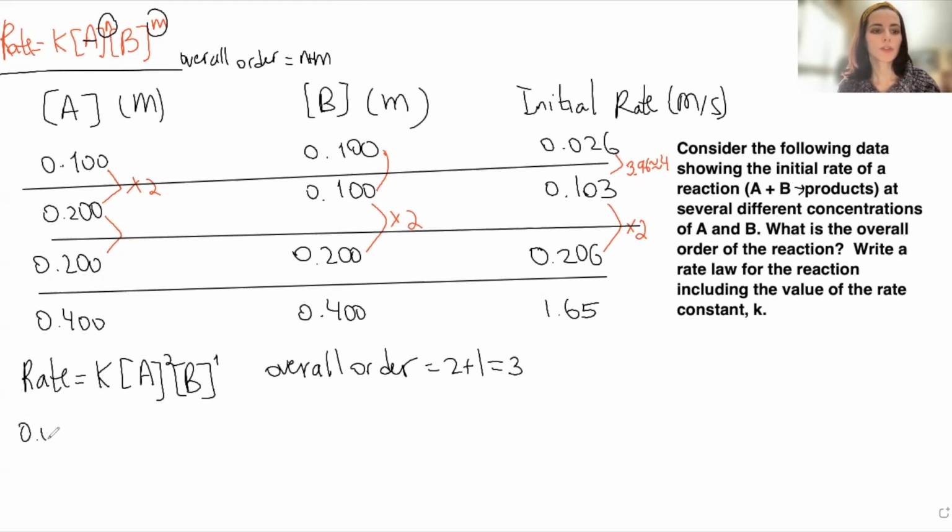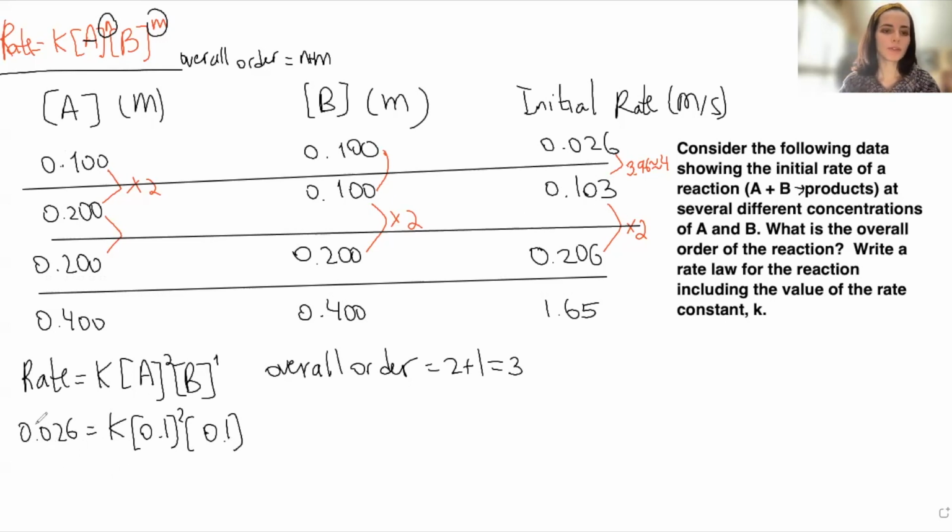So rate is 0.026, which is equal to K times 0.1 squared times 0.1, right? And all I have to do at this point is solve it. So it doesn't matter which one you pick. You can pick the second one, the third one, the fourth one, but you can't pick, let's say, concentrations from the first measurement and rate from the second measurement, right? You can't do that. They have to come from the same one.